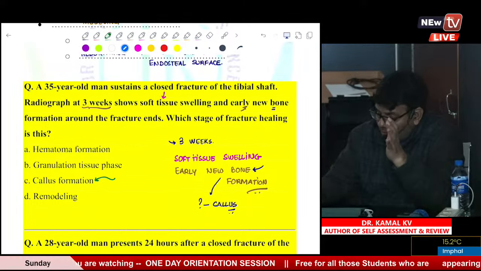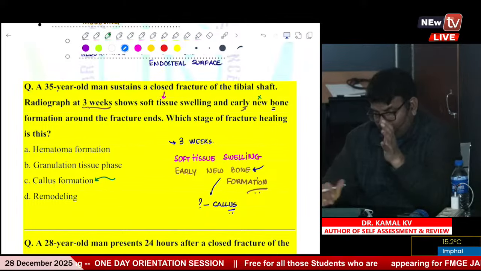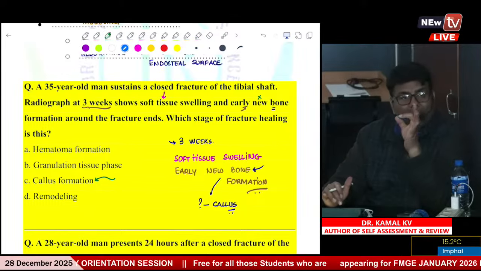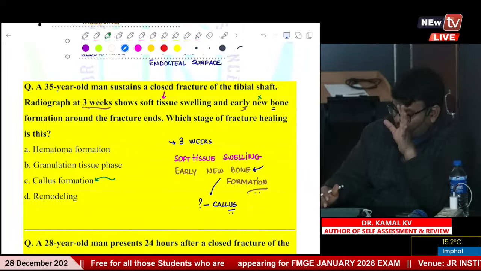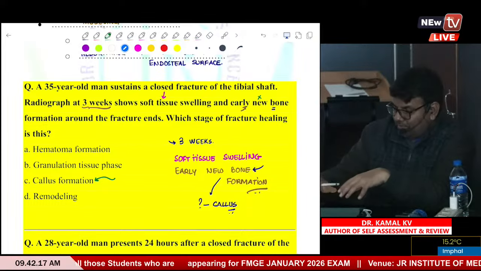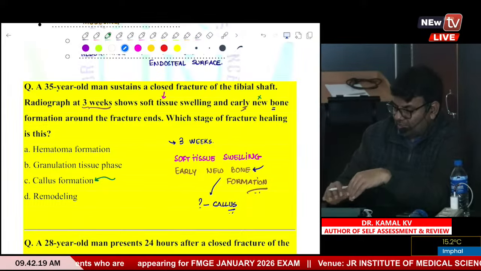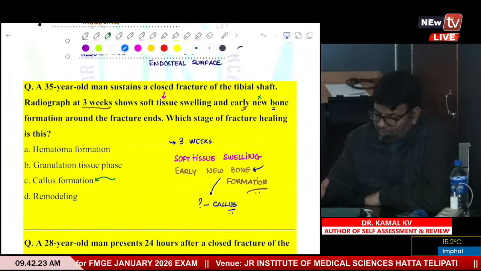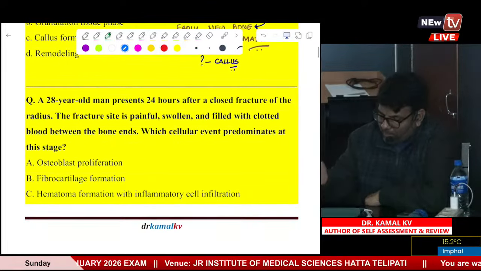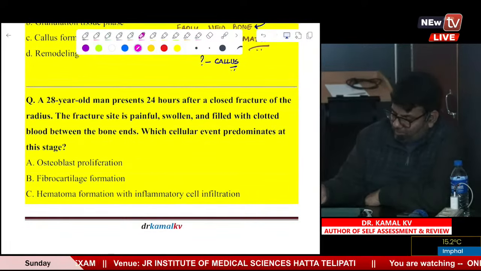If there was no mention of this particular fact, then definitely the answer would have been granulation tissue phase, right? So this is how you need to just evaluate what key points are given, and based on that you can reach the appropriate answer. Now take another question.